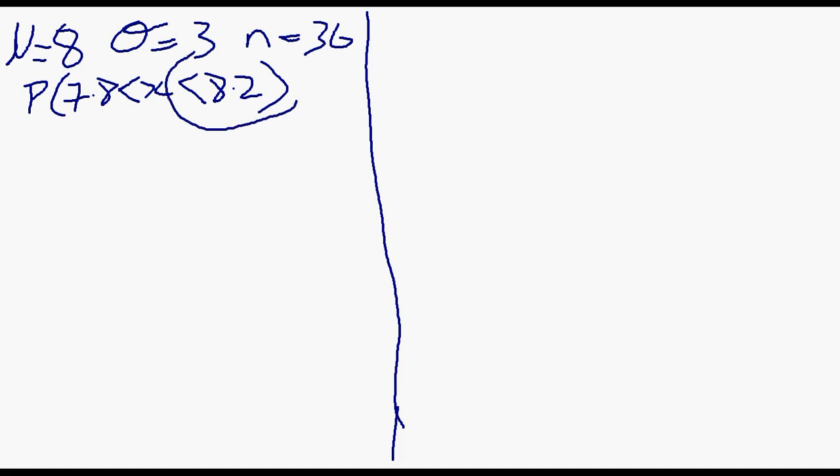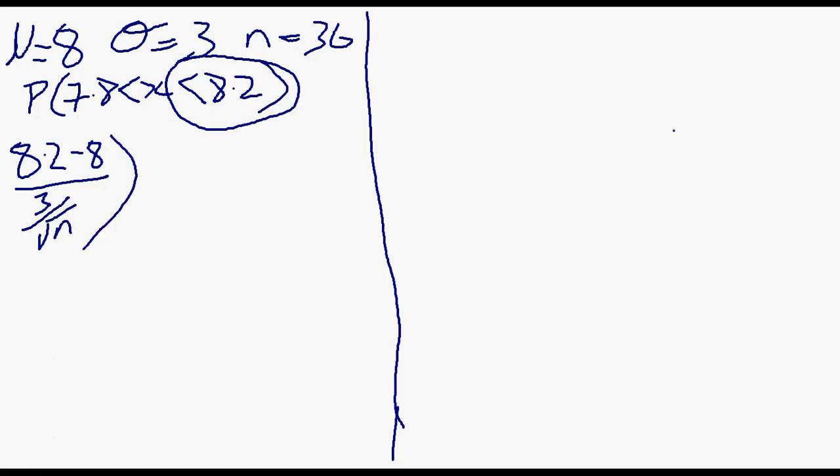So I will always solve for this one first. 8.2 minus the mean, all over the standard deviation over the square root of n.